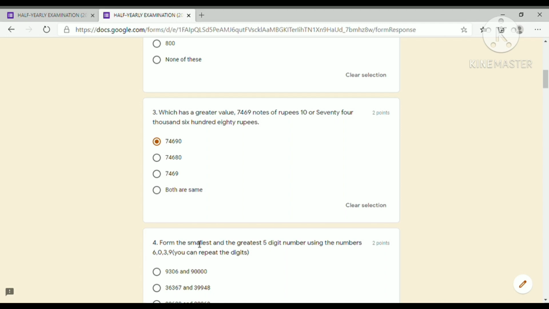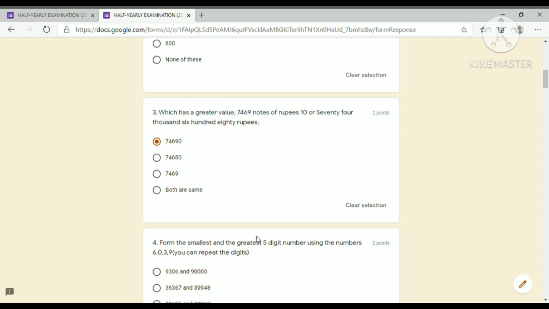First we will form the smallest number and then the greatest number. For the smallest number, we know the 0 has to be placed in the second digit. So the smallest 5-digit number, we will start with 3, then 0, 0. How many times will we repeat 0? 2 times, then it becomes 30069, a 5-digit number.